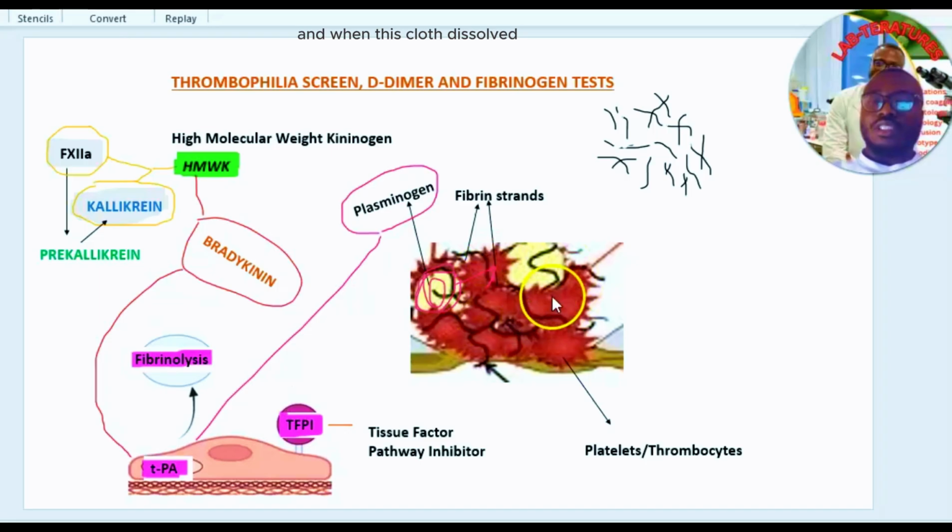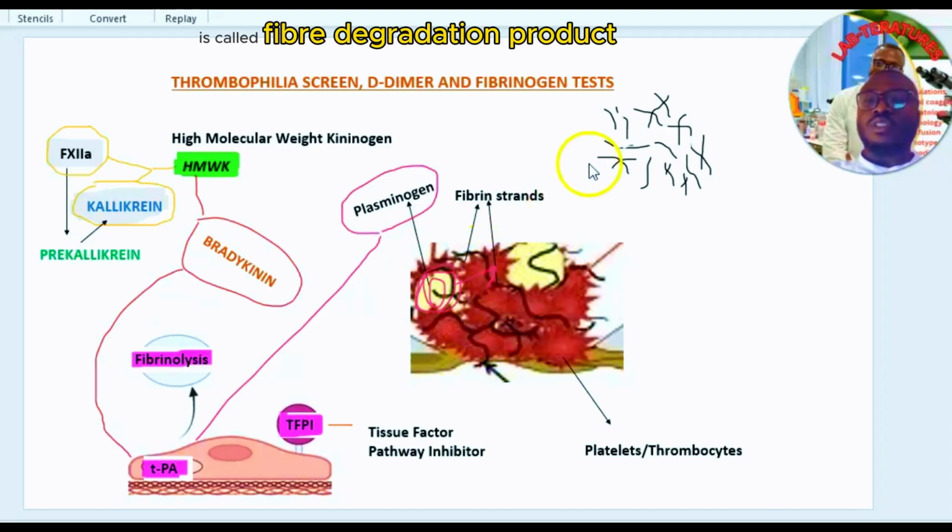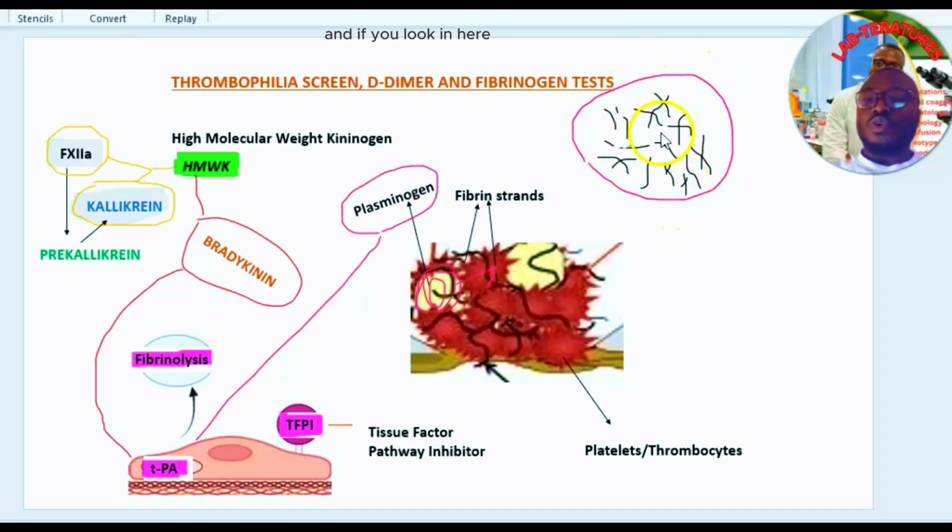And when this clot is dissolved, the broken down pieces of this fibrin interconnected strands are called fibrin degradation products. And if you look in here, you can see some of them are still cross-linked and they are larger. The larger ones are called fibrin multimers.